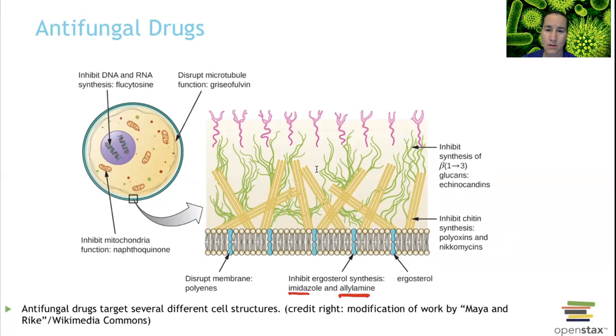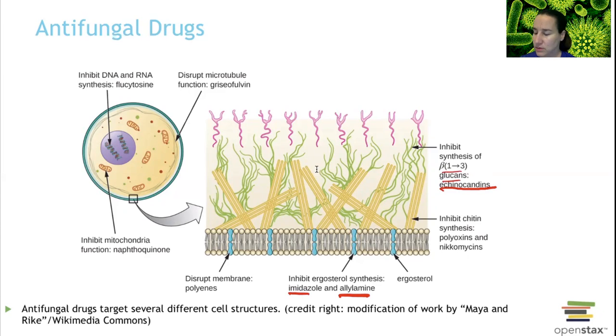Imidazoles, allylamines. And then there is another one, the echinocandins, and they are going to prevent the synthesis of beta glucans right here.